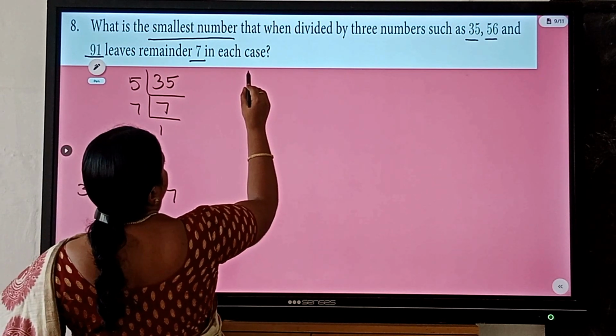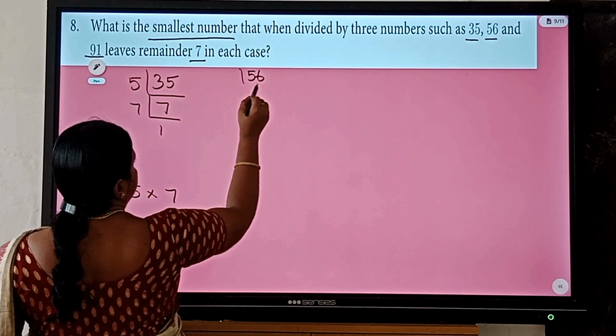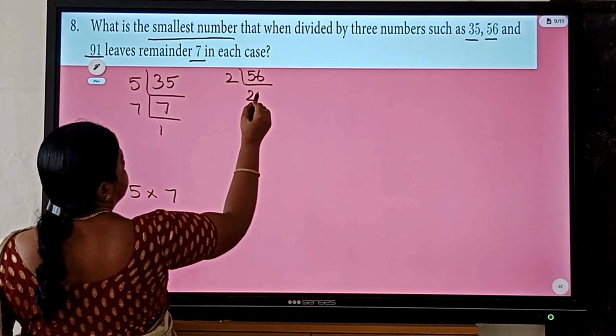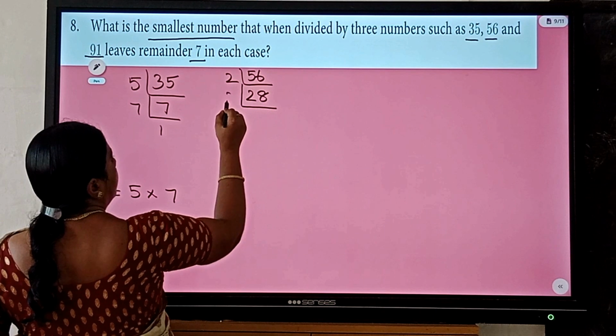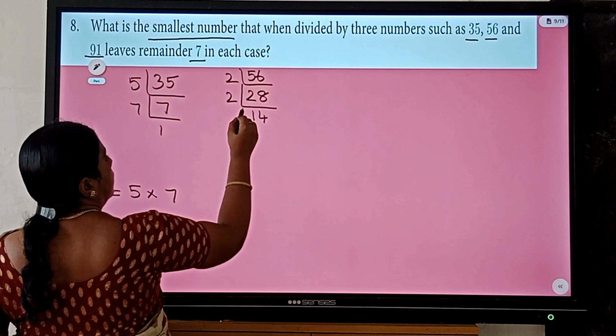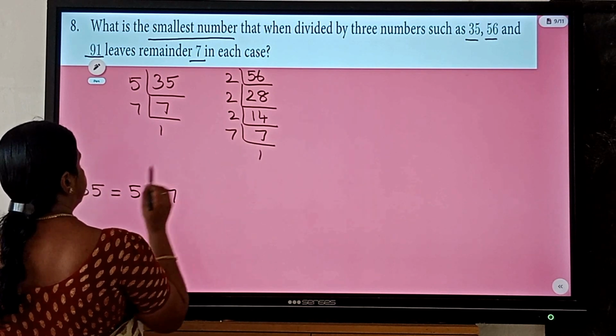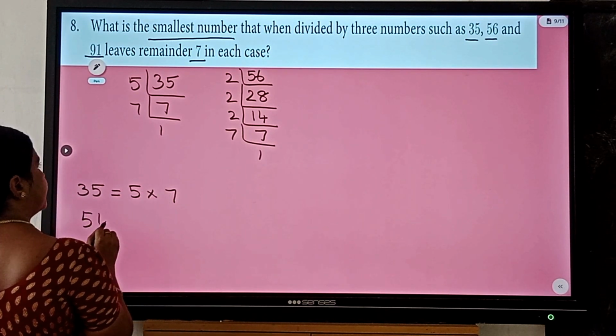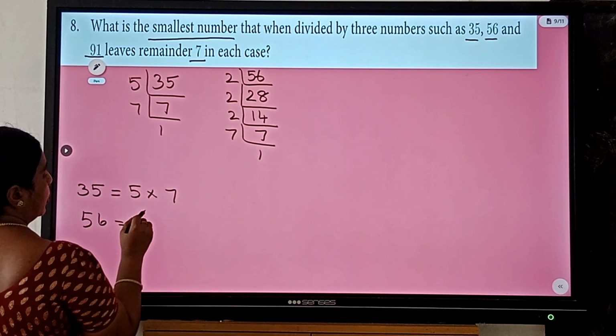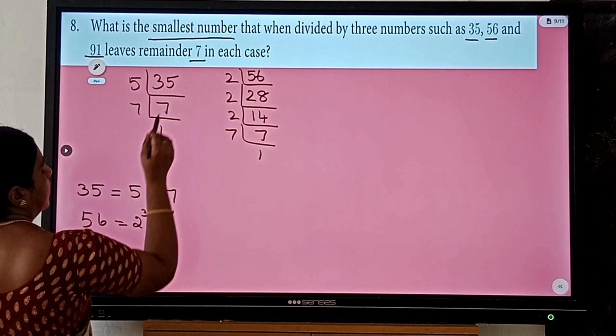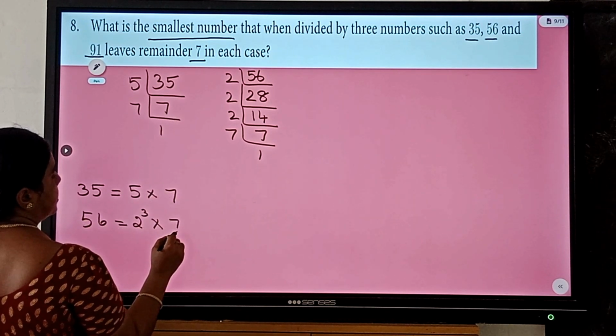The same way for 56, 2 28s are 56, then 2 14s are 28, 2 7s are 14, then 7 ones are 7. Factors of 56 are 2 cube, we have 3 2s, into 7.